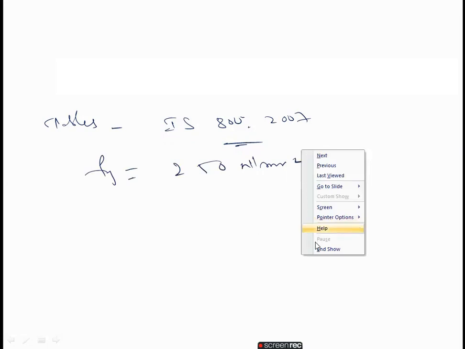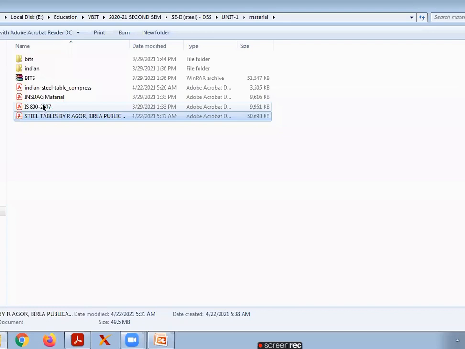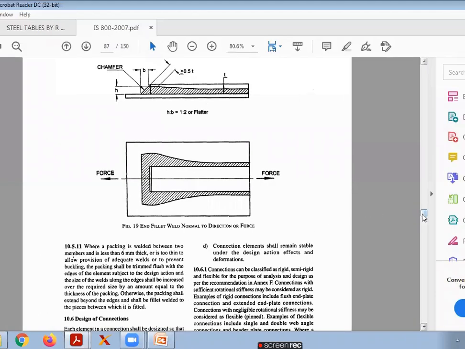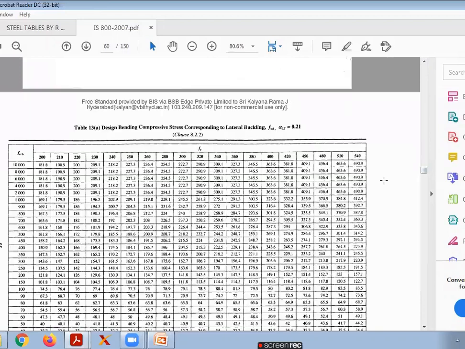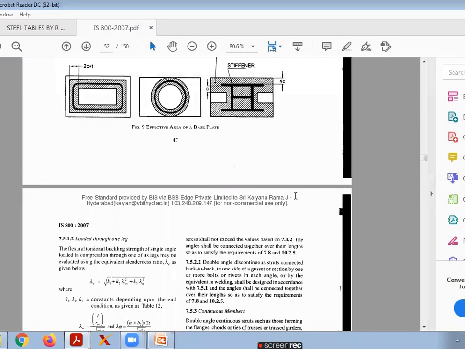Now I will open the IS 800 code book. Please wait for a while. So all of you open the IS 800 code book. We got the KL by r value. From that you have to take the FCD value. Please wait for a while. I will check. Yeah, in the compression members it is available.